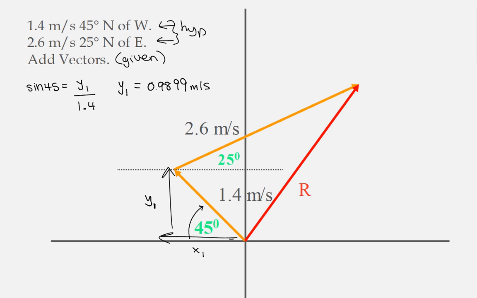What do you notice about my answer there? I put 4 digits. That's for you guys. I don't even need that because I got this calculator, or better, you can go up and copy paste. If you're rocking the old one, make sure you're in degree mode. 1.4 sine 45.